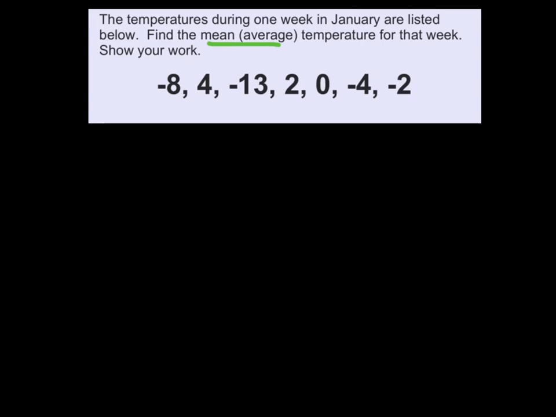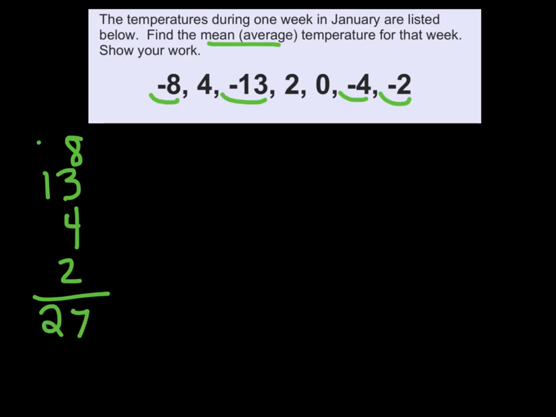So let's see. I'm going to start by adding my negatives. So I have negative 8 and negative 13 and negative 4 and negative 2. So 8, 13, 4, and 2. I get 27, and those are all negatives. Okay, so my negatives total up to 27, and then I've got 4 and 2, which is 6 positives.